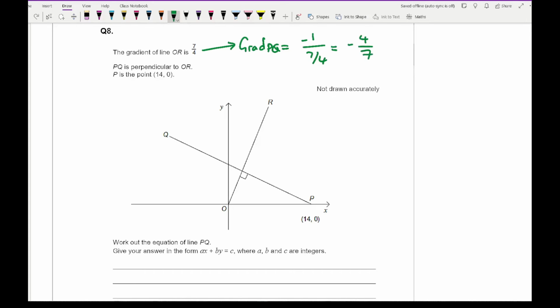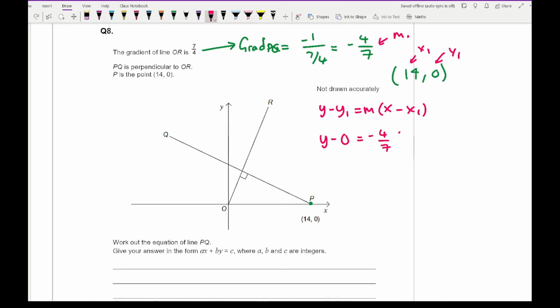Then using the coordinate of P, which is 14, 0, we're going to use y minus y1 equals m times x minus x1. This is x1, that is y1, and this is my m. So from this we get y minus 0 equals -4 over 7 times x minus 14.